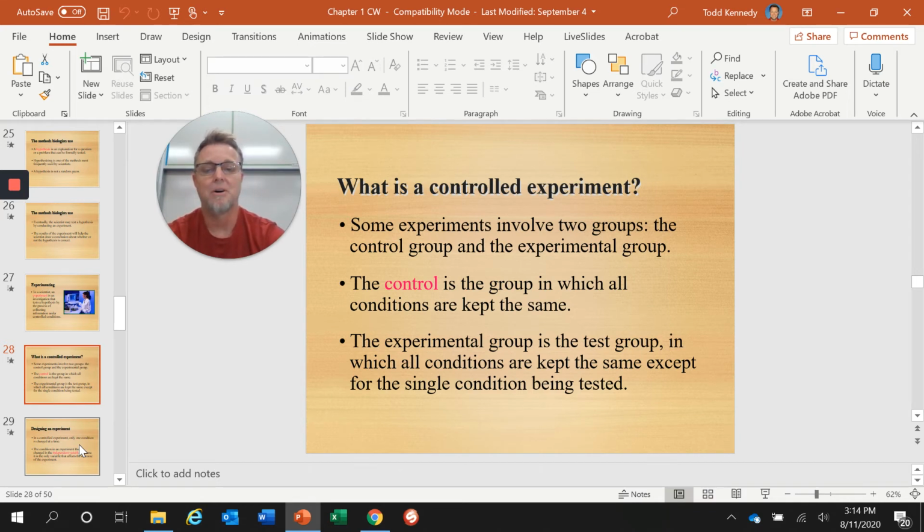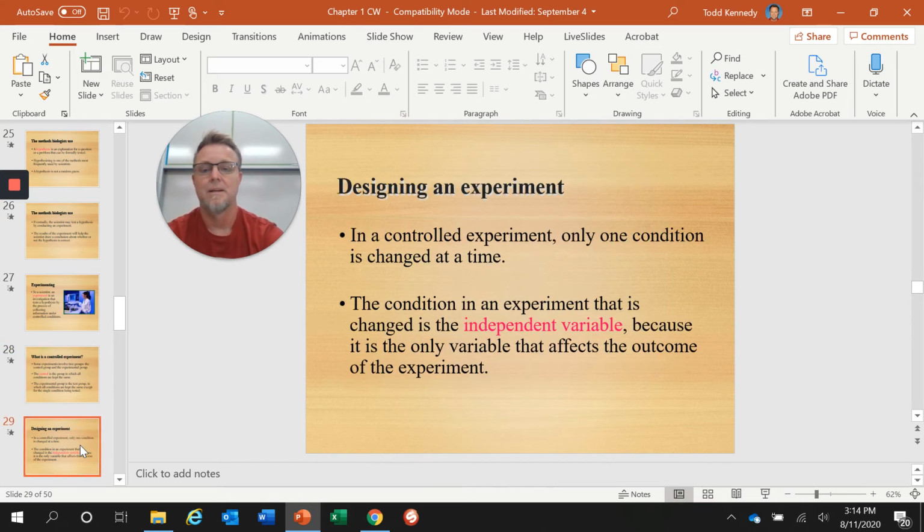The amount of alcohol I give them, or the alcohol itself, that is the variable that is being given to that experimental group. All right, now, those variables have names. There's a variable in an experiment called the independent variable.